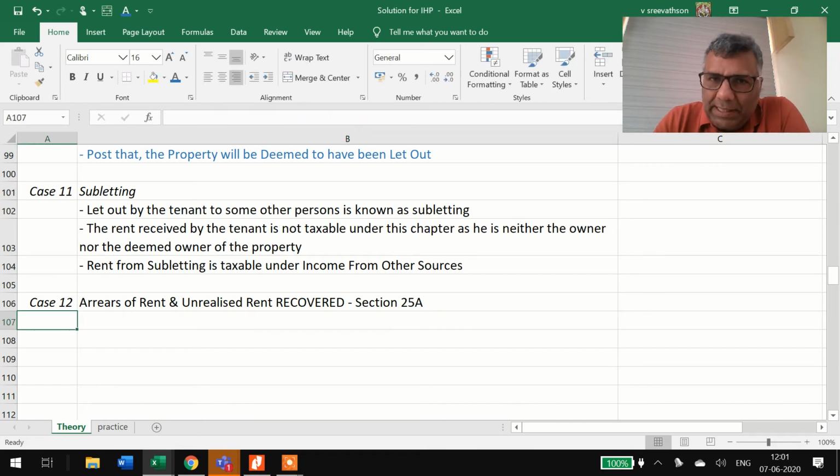Section 25A, arrears of rent and unrealized rent recovered. Now, Ramkumar, what is arrears of rent?